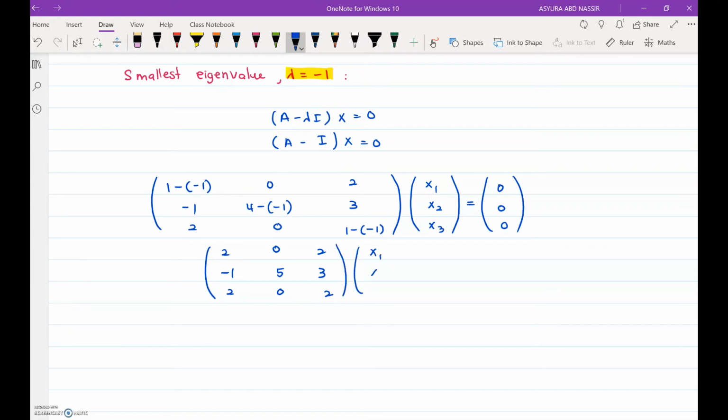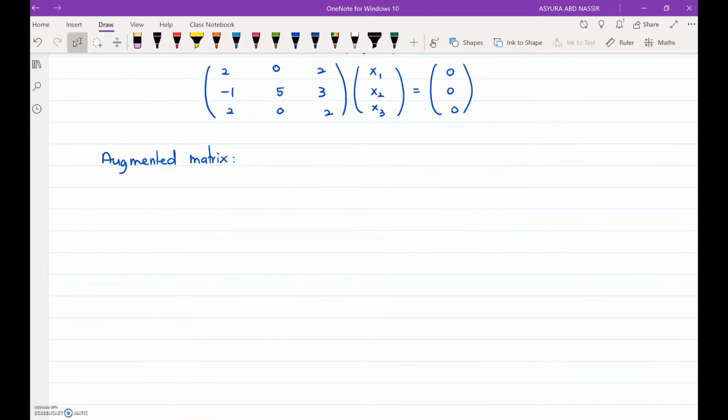And then we have this one. Next we will solve by using an augmented matrix. Your augmented matrix will be 2, 0, 2 slash 0, negative 1, 5, 3, 0, 2, 0, 2, 0. Continue with the ERO.